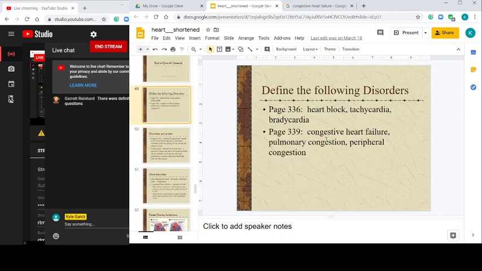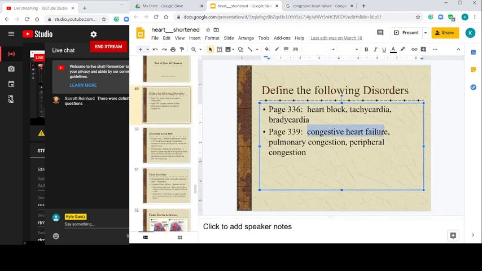And so when we have congestive heart failure and the pump isn't pumping well, we can get pulmonary congestion, or peripheral congestion, right? If the left side of the heart is not pumping well, then that's not going to pull blood out of the lungs as well.